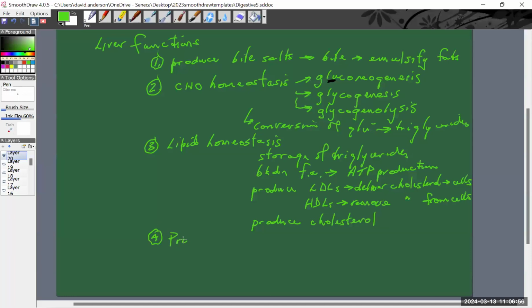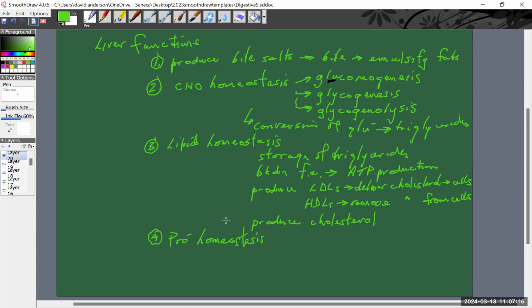So we know what's coming next: protein homeostasis. In protein homeostasis, what we're talking about is these hepatocytes can remove that amine group. Remember, the amine group on an amino acid was the NH2 group?